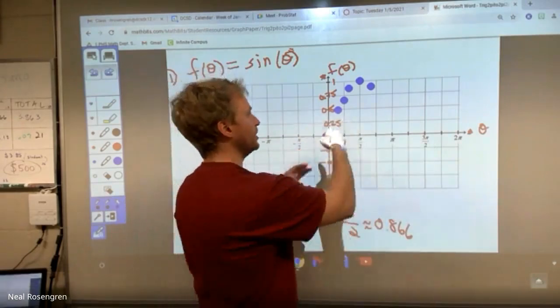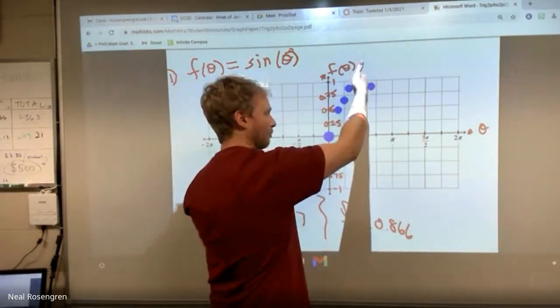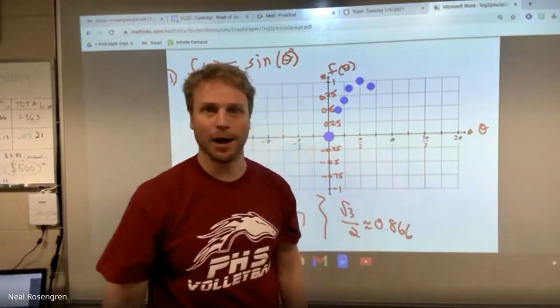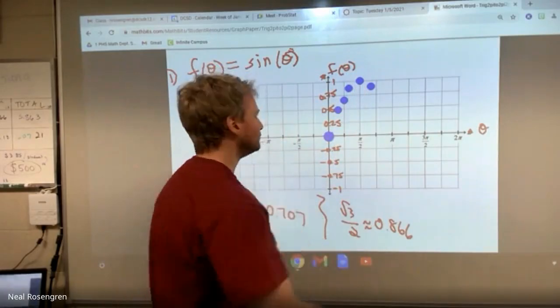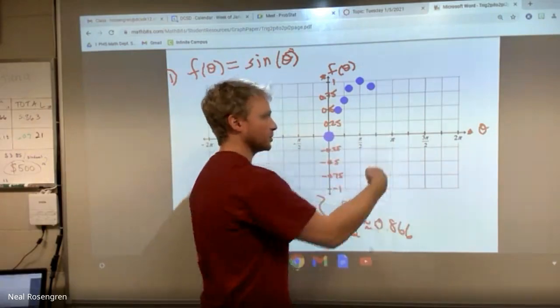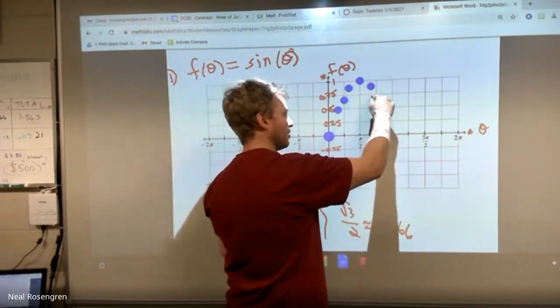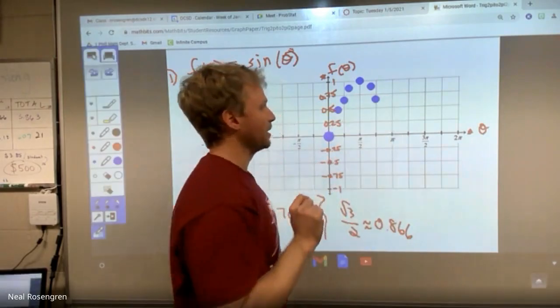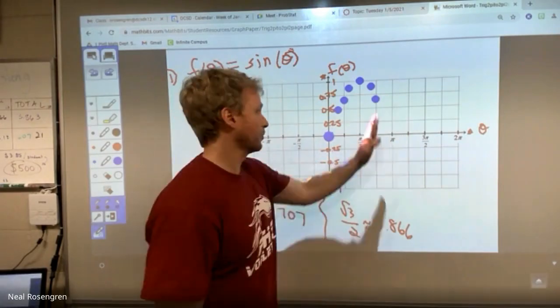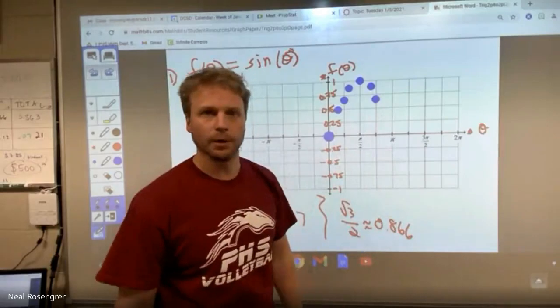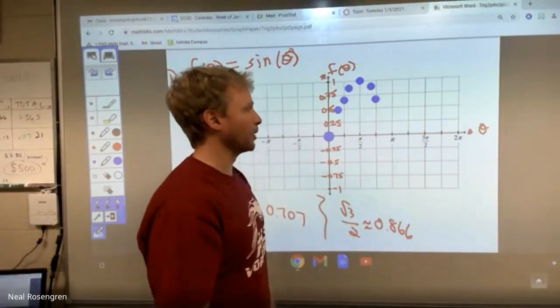I'm going to reflect them right over that pi over 2 line as best I can, okay? So when I get now to this 3 pi over 4 spot, my 0.707 was right there. Okay, I'm just going to cut straight across and right on that grid line for 3 pi over 4. I want in between pi over 2 and pi. I'm going to go right there.